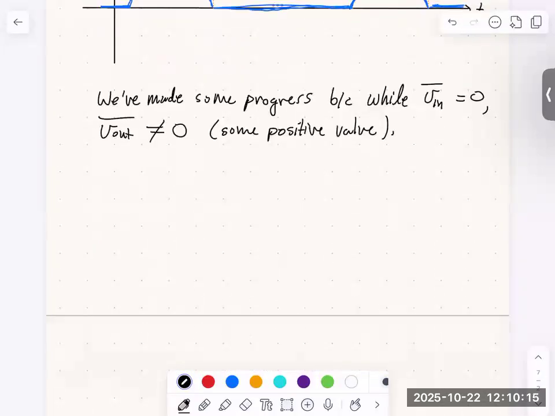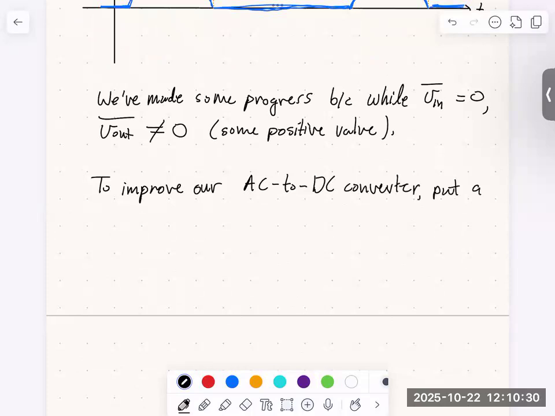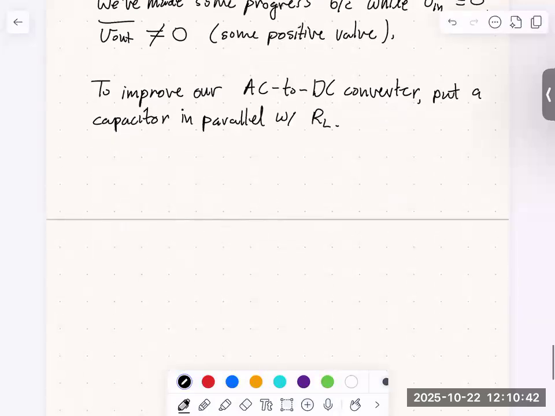So here's what we're going to do. To improve our AC to DC converter, we're going to put a capacitor in parallel with RL. Okay, so I'll draw that circuit.